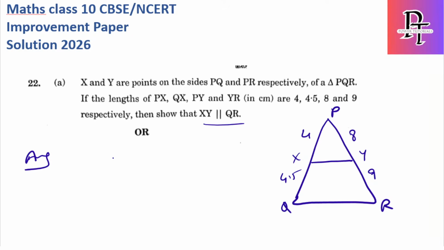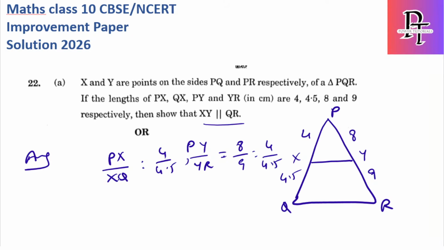Okay, so what is the ratio now? If I take PX by XQ, what I am getting is 4 by 4.5. What about PY by YR? This value is 8 by 9, which is also the same as 4 by 4.5. So the ratios are equal, that is, PX by XQ is equal to PY by YR.